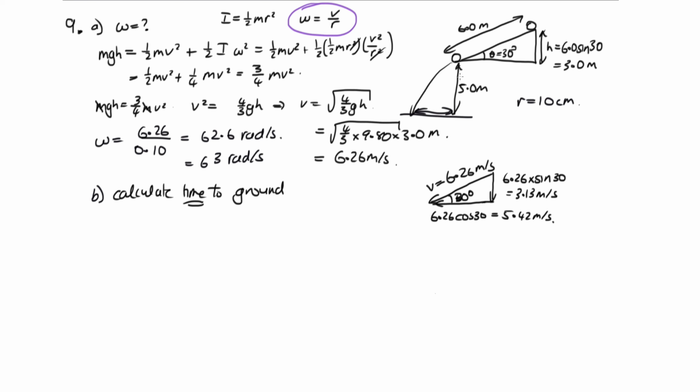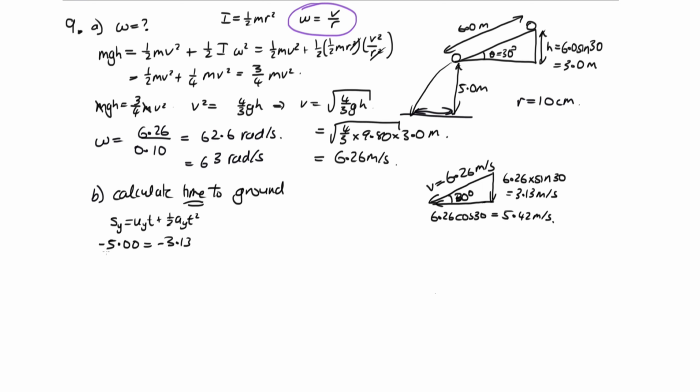We know how far it falls through. We've got its initial speed, which isn't 0, and we know that it's accelerating downwards at 9.8 meters per second squared. So we can use Sy is equal to Uy t plus a half Ay t squared in order to calculate the time. So Sy, that's 5 meters, is equal to Uy, which is minus 3.13.